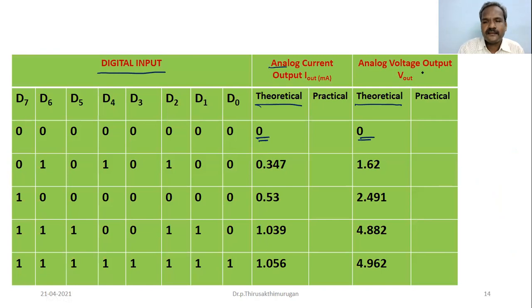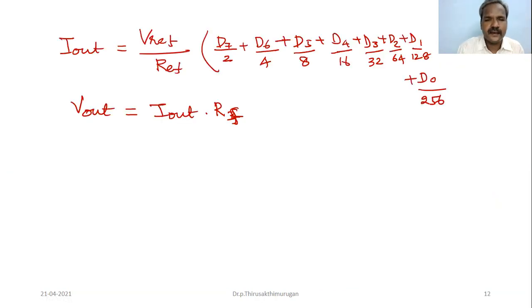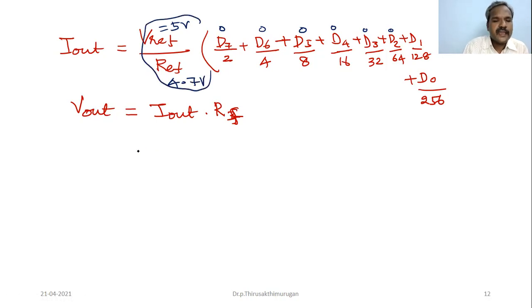Milliampere, this is volts. Let's see from this relation. All digital inputs are 0. V reference here is 5 volt. R reference is 4.7 K. So what is the step value here? I out equals 5 divided by 4.7, almost nearer to 1 point, more than 1.